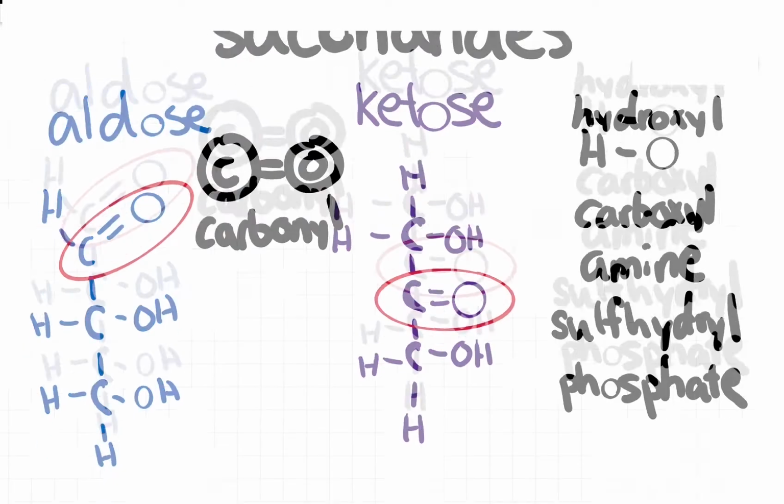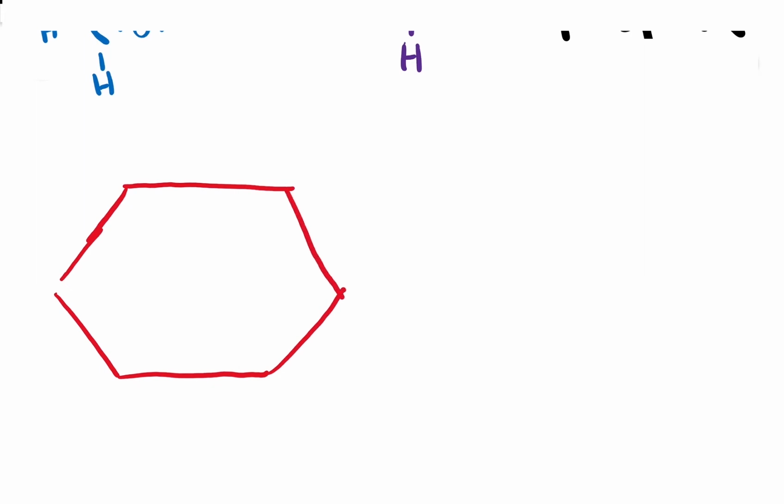So now I'm going to be going into the actual structure of these sugars. And to do this, I'm going to have to draw a monosaccharide that you probably have heard of before, called glucose. And when I'm drawing this structure, you may notice that I'm only labeling the oxygen and the hydrogens found in this structure.